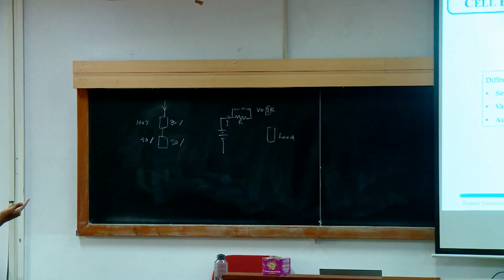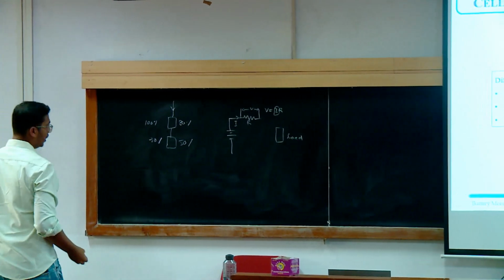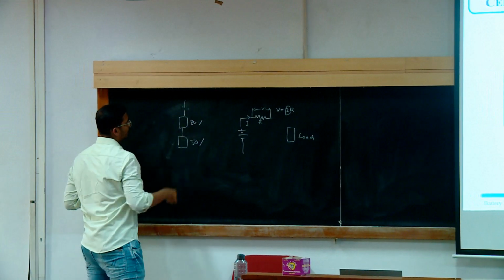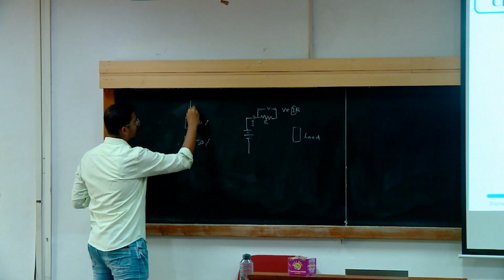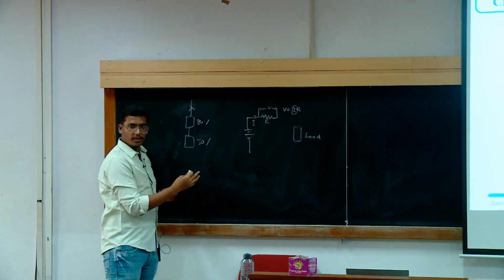Same goes for the discharge case. If we have 80% and 50% and we are discharging, taking the current out of the cells, one can discharge only 50%.